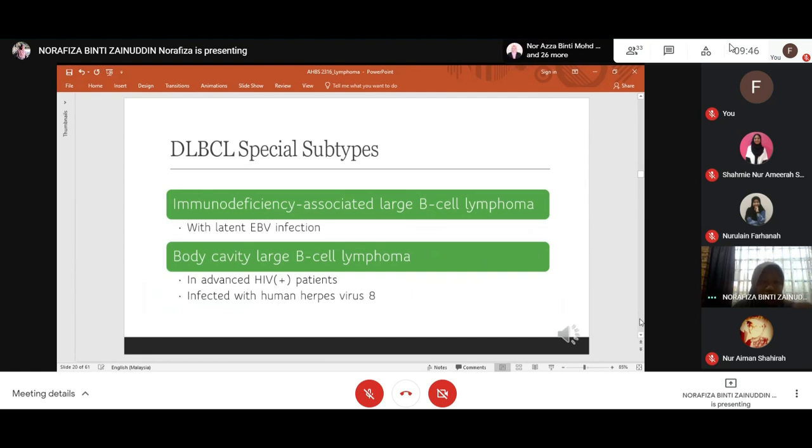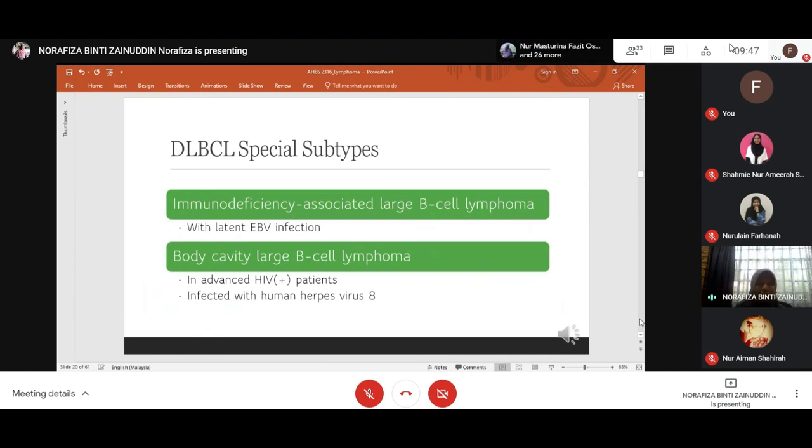All right, these are the special subtypes of the LBCL. First, the immunodeficiency associated large B-cell lymphoma. This one presents with latent EBV infection, meaning the patient has had an EBV infection before. Another one is body cavity large B-cell lymphoma.